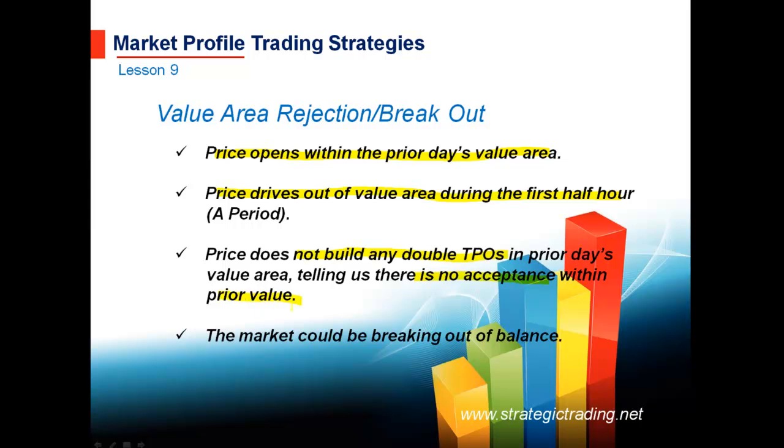We're looking at a new condition in the market, and basically we're looking at the other time frame trader stepping into the market, and they've decided that this is not where value is, and so they're going to move the market to another area where they perceive value to be. So there's a good possibility that the market could be breaking out of balance.